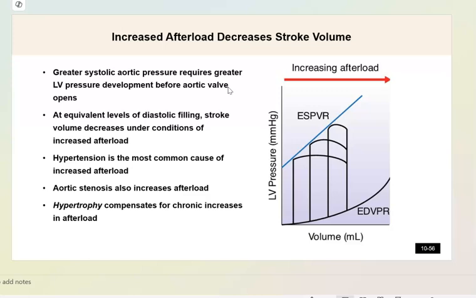So if I were to give somebody a vasodilator, think now about that pressure that's created by my total peripheral resistance. In order to overcome that total peripheral resistance in the arterial system, I have to generate enough pressure to open up the aortic valve and to overcome that.